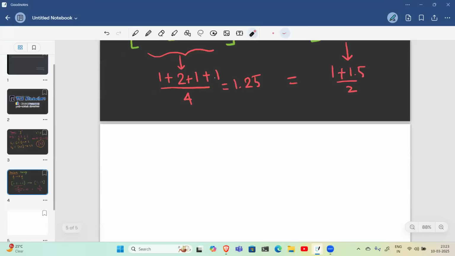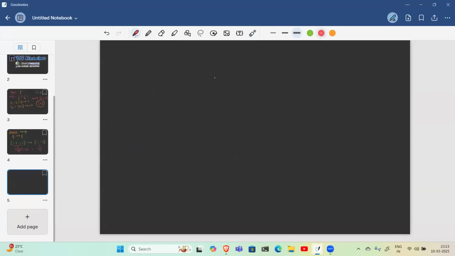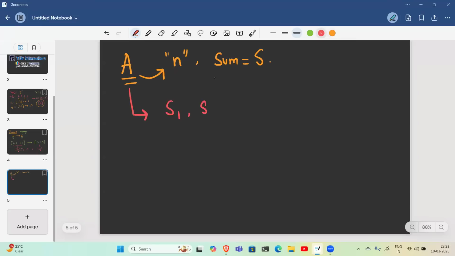But let us try to prove it a bit mathematically. We had an array A. Suppose its length is n and its sum is S. Now we broke A into subsequences S1, S2, up to Sk.